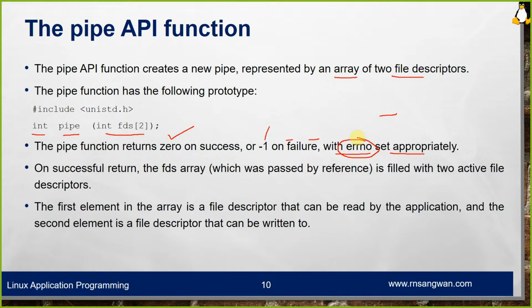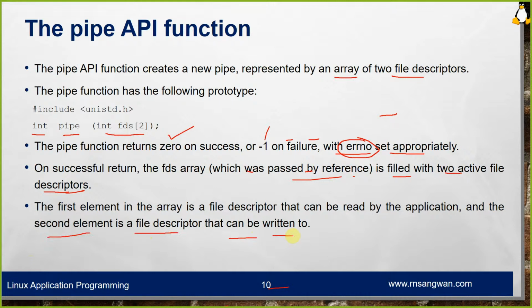Again highlighting, this is a variable which was referred to in the previous example as well. On successful return, the file descriptors array which was passed by reference is filled with 2 active file descriptors. The first element in the array is a file descriptor that can be read by the application, and the second element is the file descriptor that can be written to.